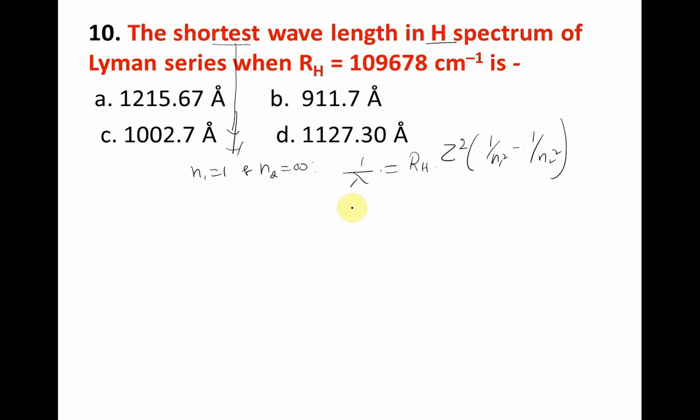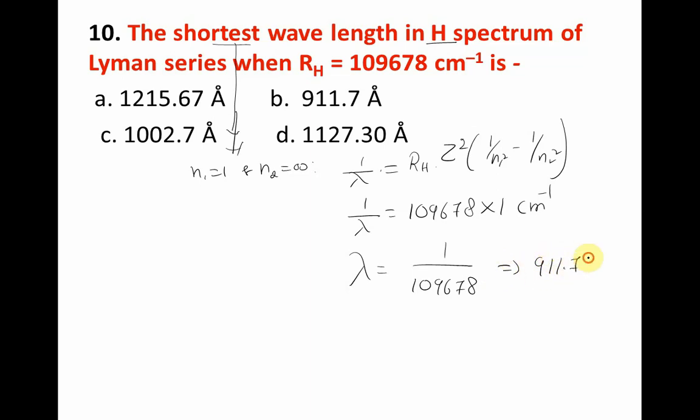For hydrogen atom z is 1, therefore 1 by lambda is equal to 109,678 per centimeter, or lambda is equal to 1 divided by 109678, it becomes 911.7 angstrom.